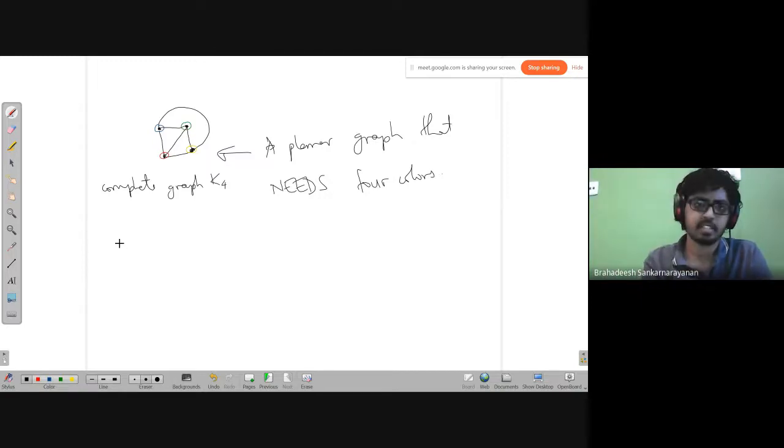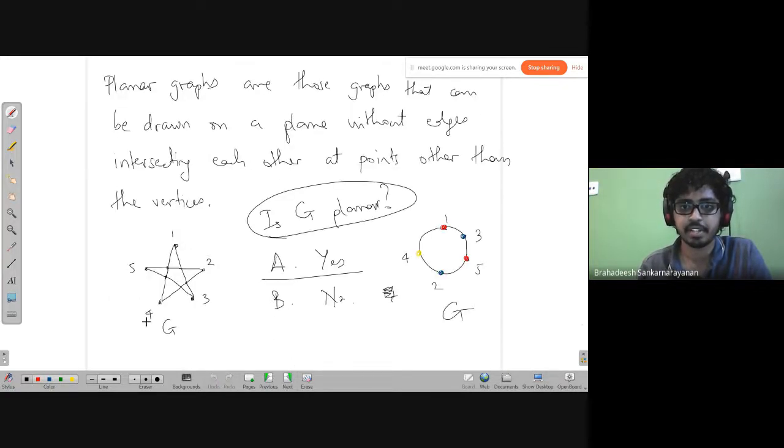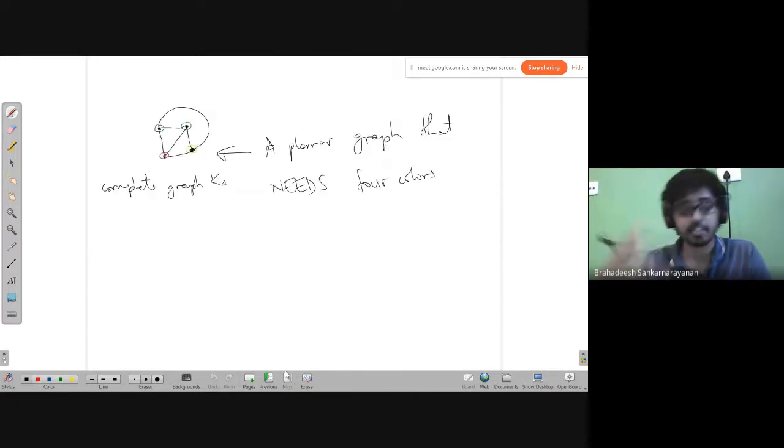Just try it and see. Can you draw, let's say, K5 in the plane? Try as you might, I assure you, you will not be able to. And since K5 is contained in K6 and so on, if you can't do it for K5, you can't do it for any other Kn. So K4 you can do, but K5 you cannot.